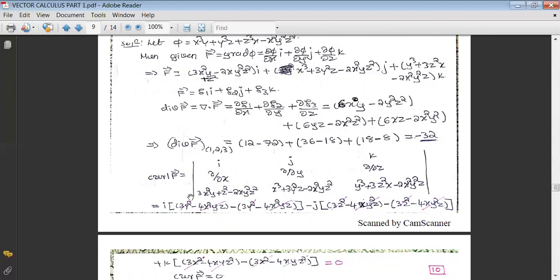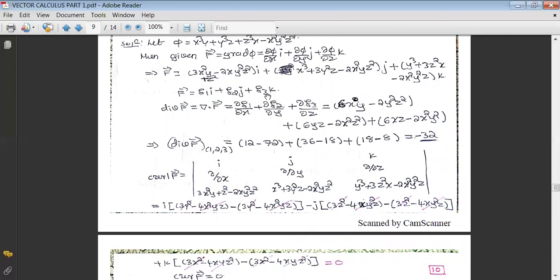In general, curl of f bar is given by the determinant whose first row is the unit vectors along the coordinate system, they are i, j, k, and the second row are the components of del, they are dou by dou x, dou by dou y, dou by dou z, and the third row represents the components of the vector f bar, they are nothing but f1, f2, f3.